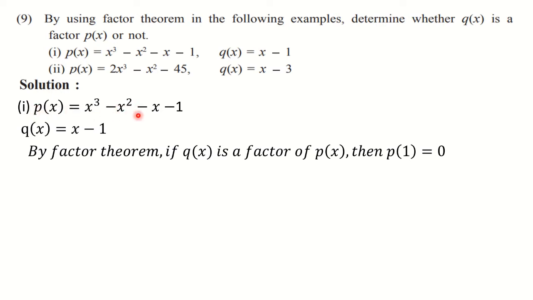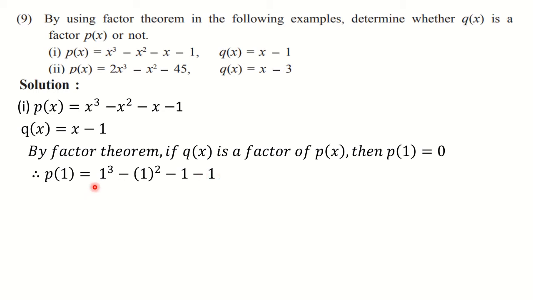That means we are replacing x by 1 everywhere. So write down: therefore p(1) is equal to 1 cube minus 1 square minus 1 minus 1. Simply x is replaced by 1 here.